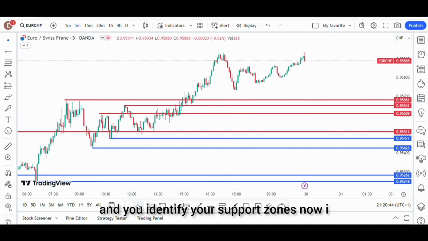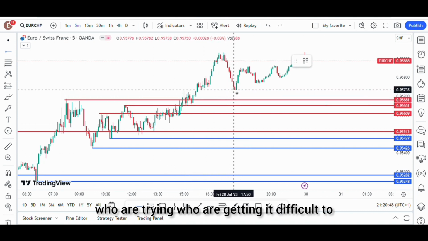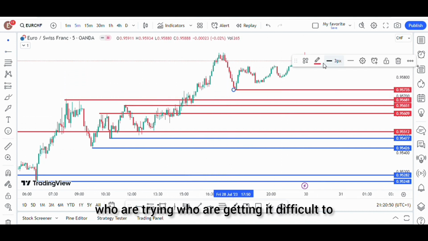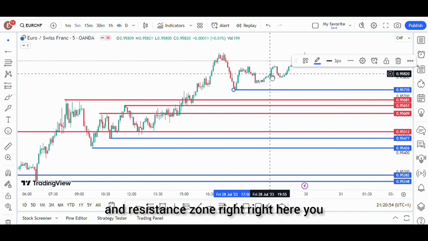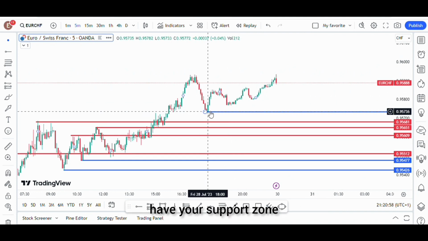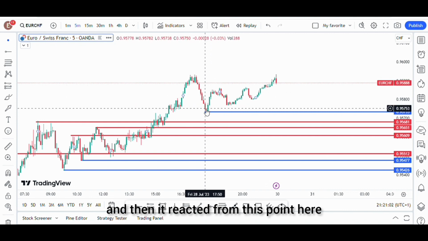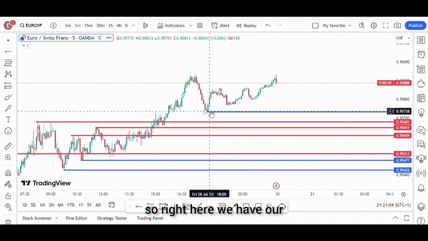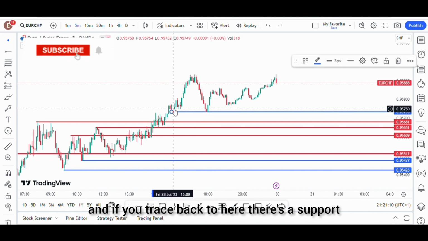I am only doing this for beginners who find it difficult to identify their support and resistance zone. Right here you have your support zone, where price came all the way down and then reacted from this point. If you trace back to here, there's a support here.